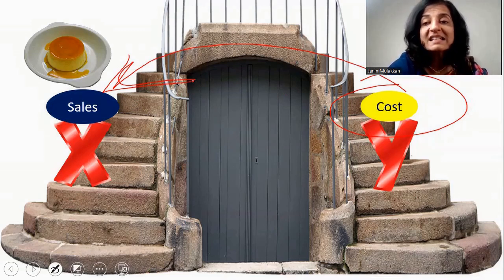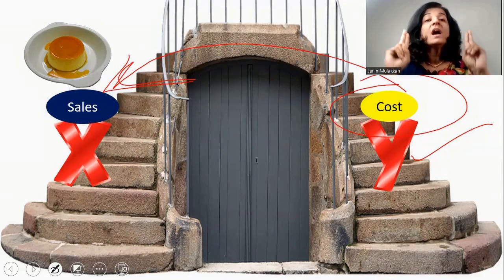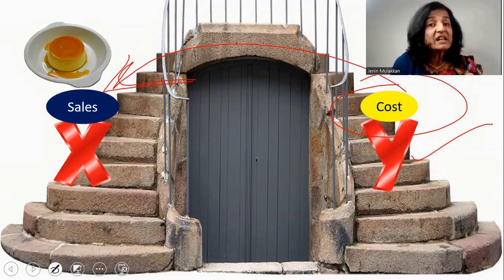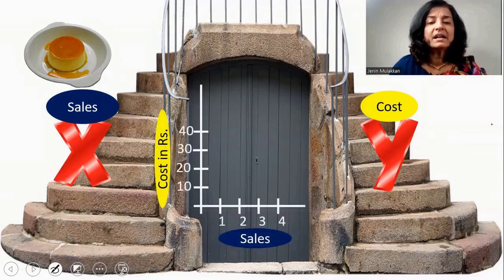That is why cost has been depicted as the y variable. So always bear in mind, whatever is dependent on the other, that is a y variable. So in this particular case, cost is dependent on sales, and hence cost is the dependent variable or the y variable.